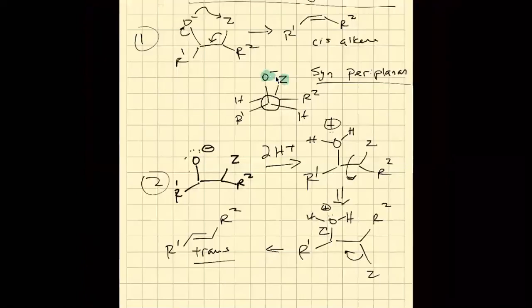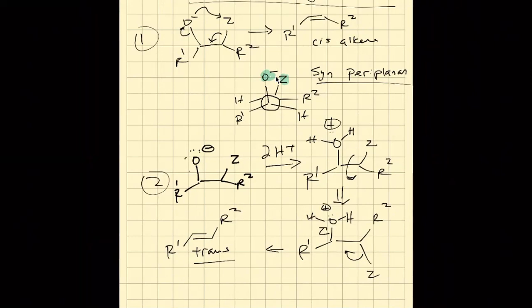Right? But I'm able to do that based on the conditions. If I get Z and R opposite to one another, which I did in this case by doing it under acidic conditions, then I'm able to eliminate and get the trans alkene.